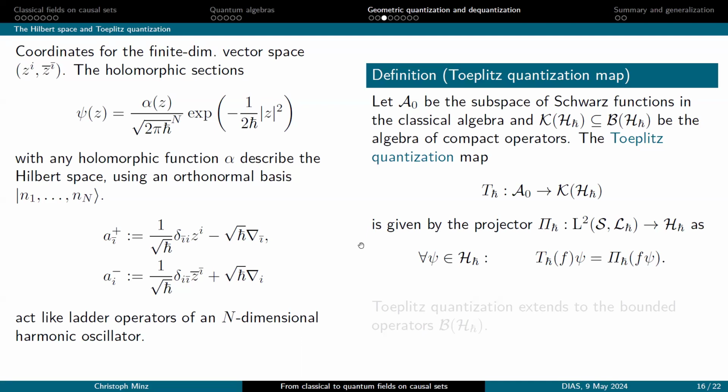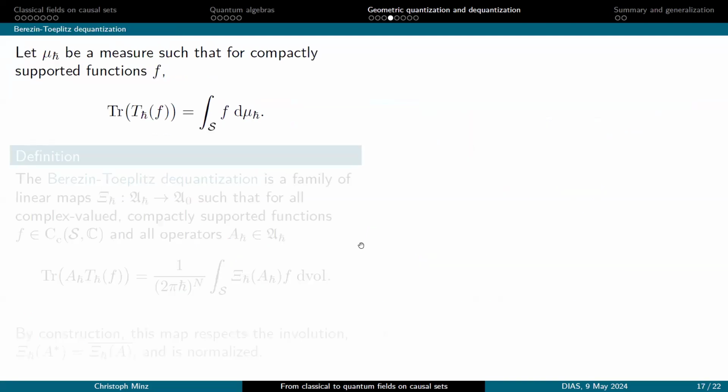And even though this is per se just defined on compact operators, we can extend this to bounded operators in the Hilbert space. And then the dual operation that I talked about before, that you want to construct, is now going in the other direction.